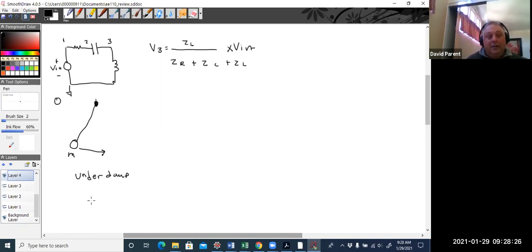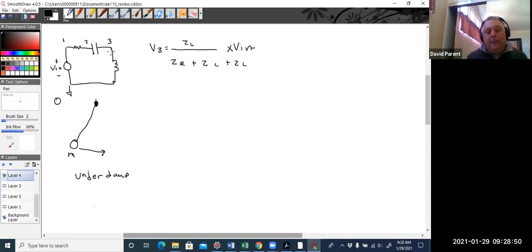And then there's critically damped, where it swings quickly to settle, and then overdamped, where it takes a long time to settle. You can get that because there's two kinds of energy storage elements. And in here, there's two opposite kinds of energy storage elements, which we're going to get into later.